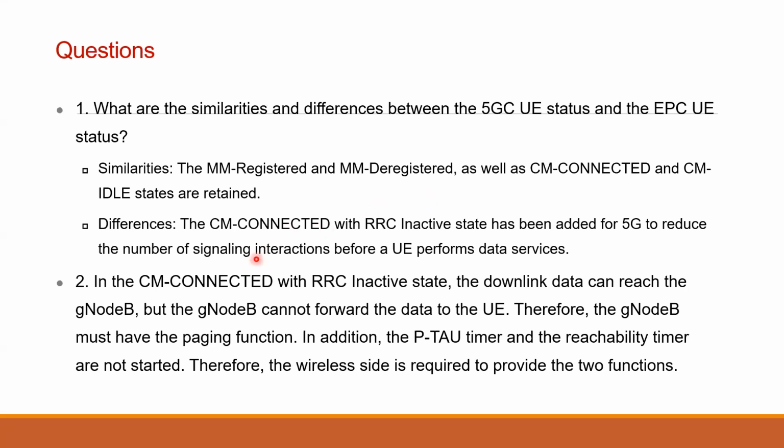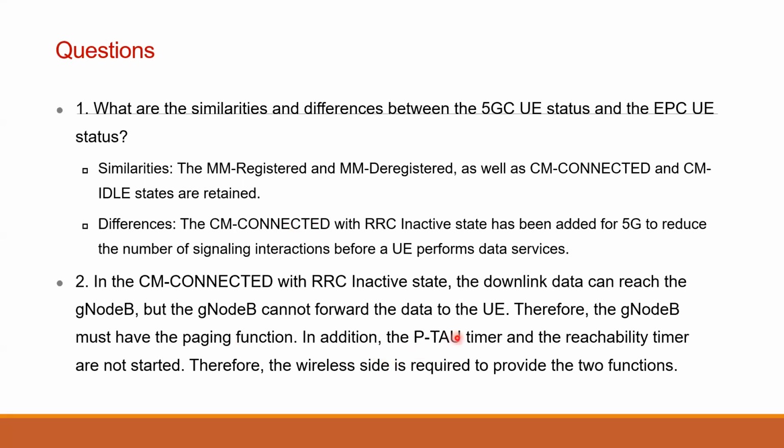And the detail of the CM connected state is that in RRC inactive state, the downlink data can reach the gNodeB, but the gNodeB cannot forward the data to the UE. So it needs to have a paging function available, and based on paging, the UE is going to send a service request, and once the session is established, then the gNodeB can forward the data to the UE.